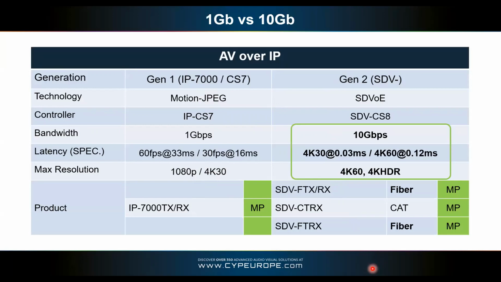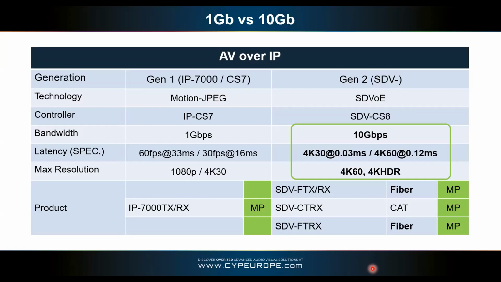So again, you've got much more bandwidth to play with. That then allows you to have lower latency, so much lower latency across the system. And because of the higher bandwidth, you can then pass higher quality signals like 4K 60 or 4K HDR. And as I mentioned, the SDVoE system is available in fiber or copper versions, depending on what the application requires.